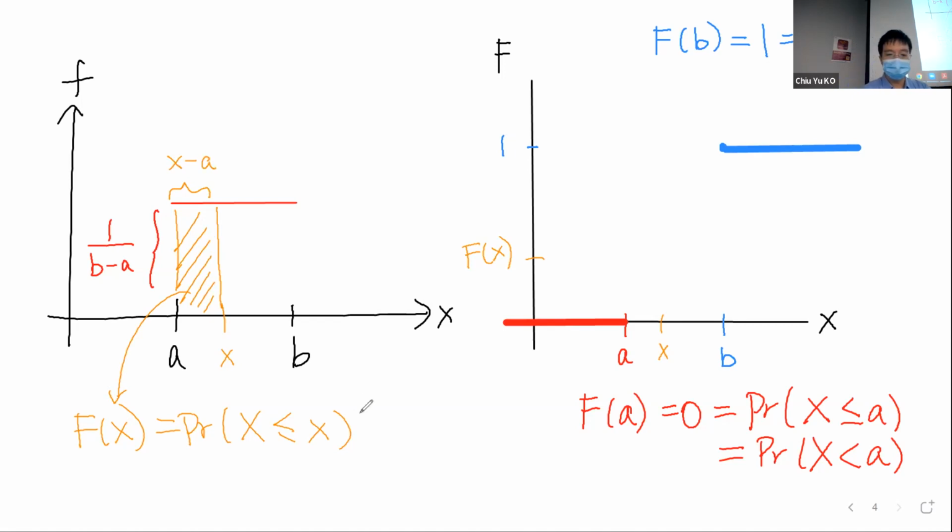So F of x is just x minus a over b minus a. So you can check this is linear in x. It's a straight line, you know the 2 points, you just join them up. That's it.